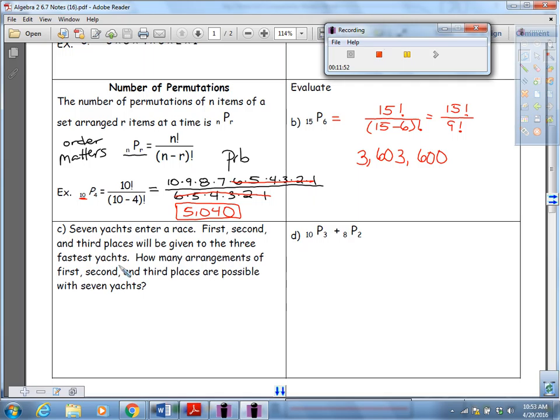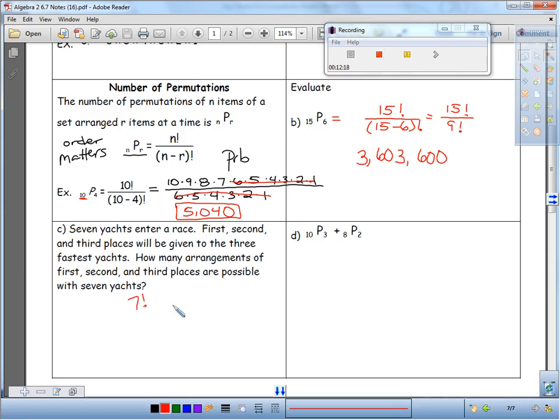Okay, so now there's the word problems. 7 yachts enter a race. First, second, and third places will be given to the 3 fastest yachts. How many arrangements of first, second, and third places are possible with 7 yachts? Anyone have an idea as to how I could write that? Okay, but it's not just that, because I'm not going to choose all 7. That's if I was going to choose all 7 of them.